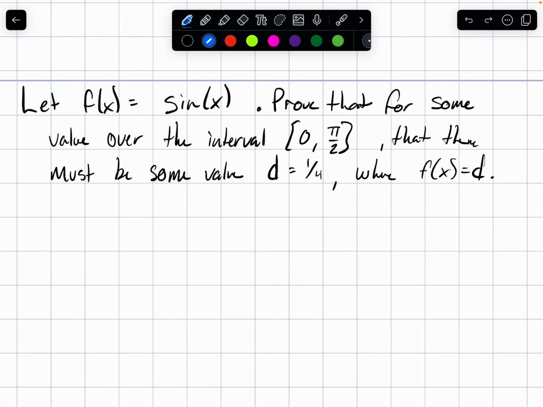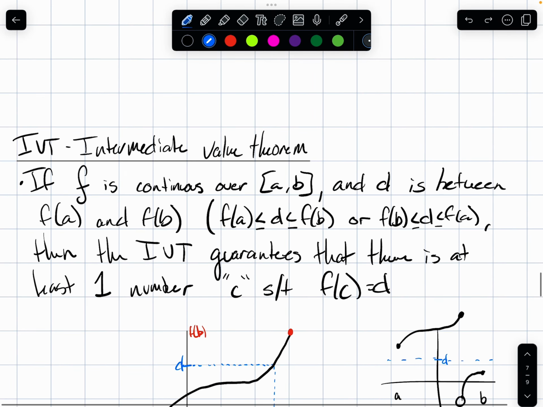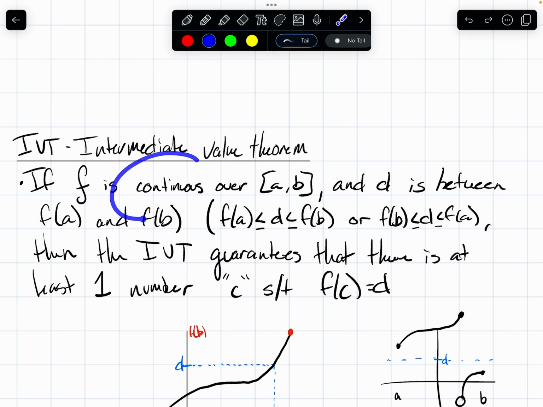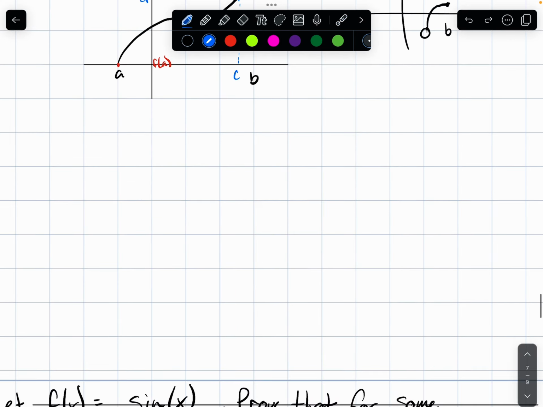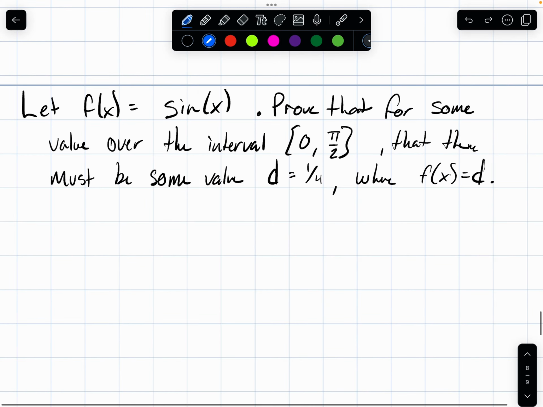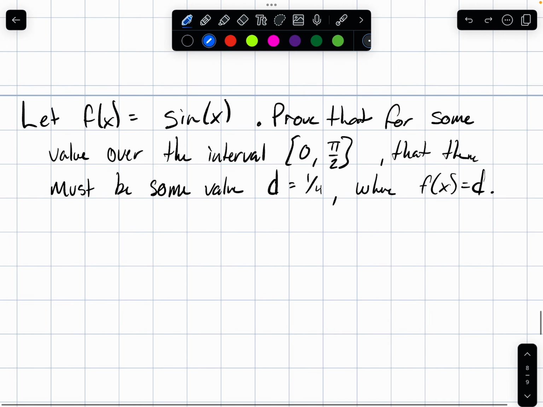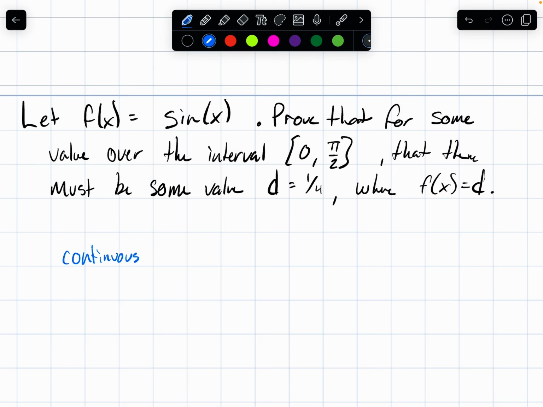So let's think of a few things that are important in this intermediate value theorem. The first thing is that it's continuous. I know that sine is continuous. So our continuity idea is done. So we are continuous. What I need to check now is that my y values match up.